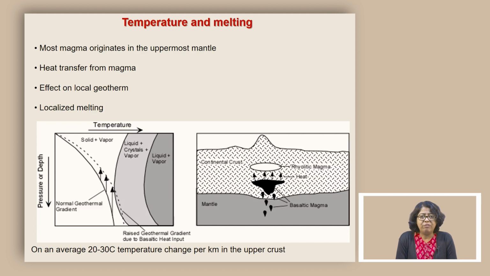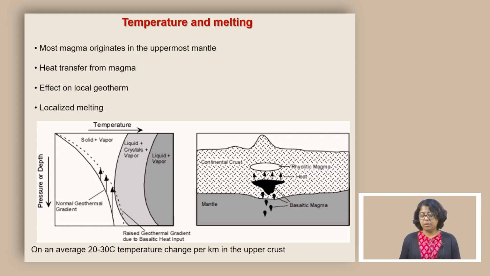And on an average, as we go deeper part of the earth, within the crust, especially where we encounter these magma, if we go a kilometer, we will experience an increase in temperature by 20 to 30 degrees centigrade. Only within the upper crust, the temperature changes slightly as we move into the lower crust or mantle. And this is what we meant by this geothermal gradient.